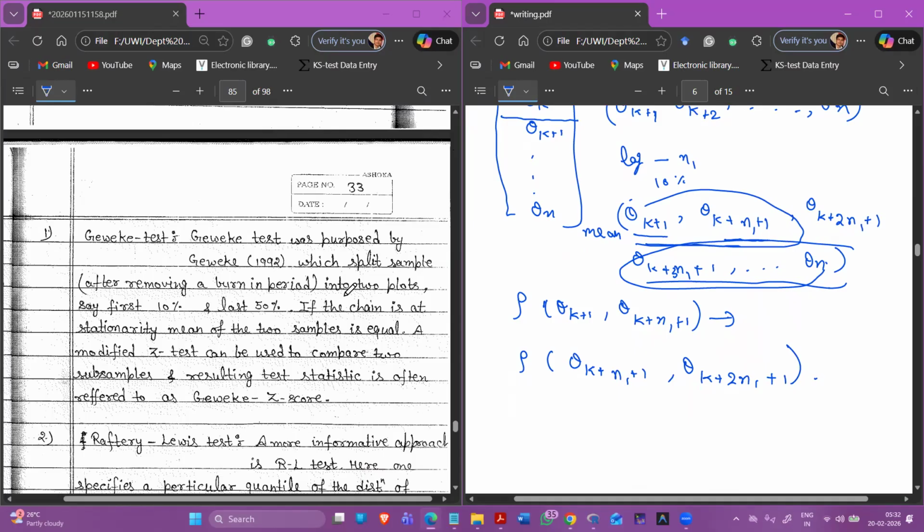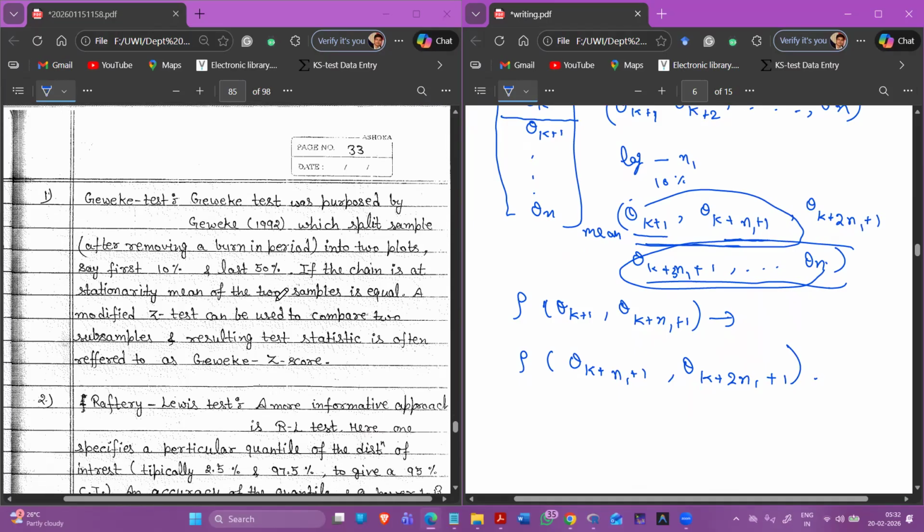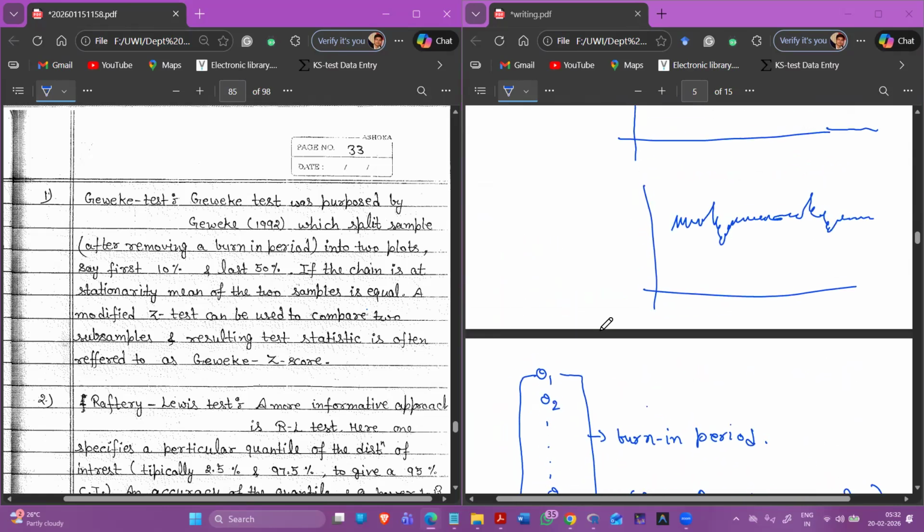After that, if the chain is at the stationary state, the means of the two samples are equal. If I take this 10% sample and this 50% sample, the mean of both parts should be equal, right? The average of the initial 10% and the last 50% should be the same.